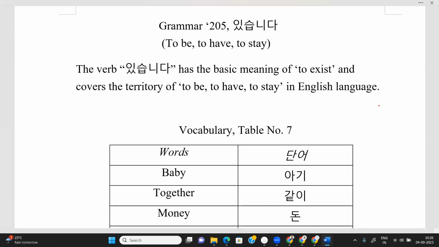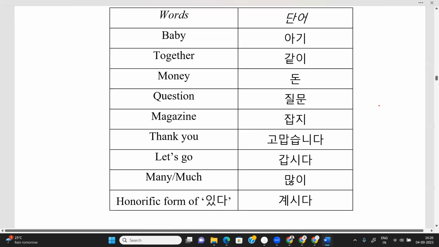Grammar 205. 있습니다. To be, to have, to stay. The verb 있습니다 has the basic meaning of to exist and covers the territory of to be, to have, to stay in the English language. Vocabulary table number 7. Words: baby, 아기, together, 같이, money, 돈, question, 질문, magazine, 잡지, thank you, 고맙습니다, let's go, 갑시다, many or much, 많이.